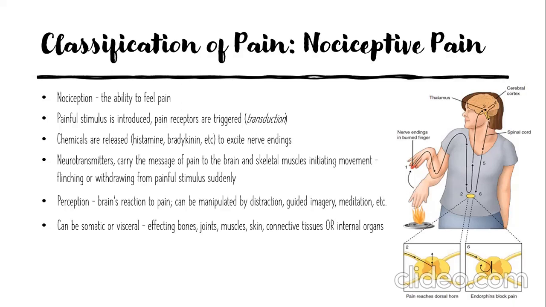They also release neurotransmitters like dopamine. Dopamine is a chemical that carries messages along the nerves. Again, we will talk about neurotransmitters when we get to neurology, and we will talk more about histamine and prostaglandins next week.